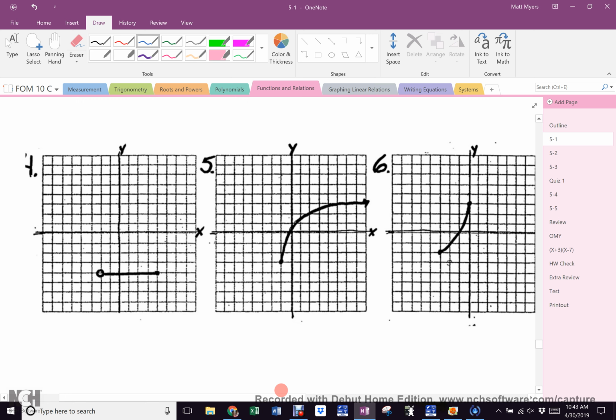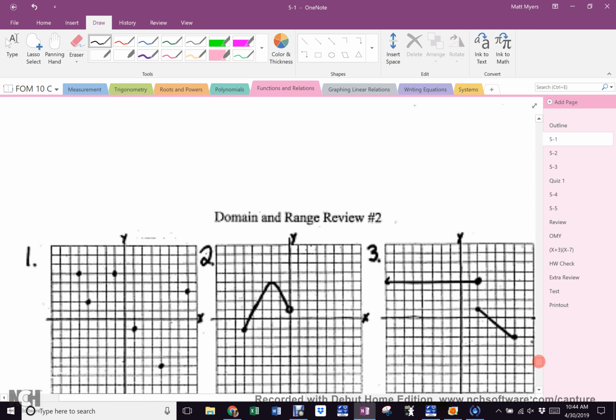All of these I want to be closed dots. So number 4 might look like it's filled in or open. Please fill it in. And number 5, again, goes flat. Is everybody cool with page 1? Okay, go on to page 2.